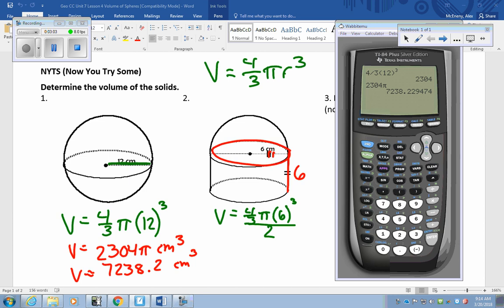And then I'm going to have to add that to the volume for my cylinder, which in this case would be pi 6 squared, and then the height, which would be 6. So I'm actually going to erase that plus sign. But we're going to take these 2 volumes that we find and add those together.